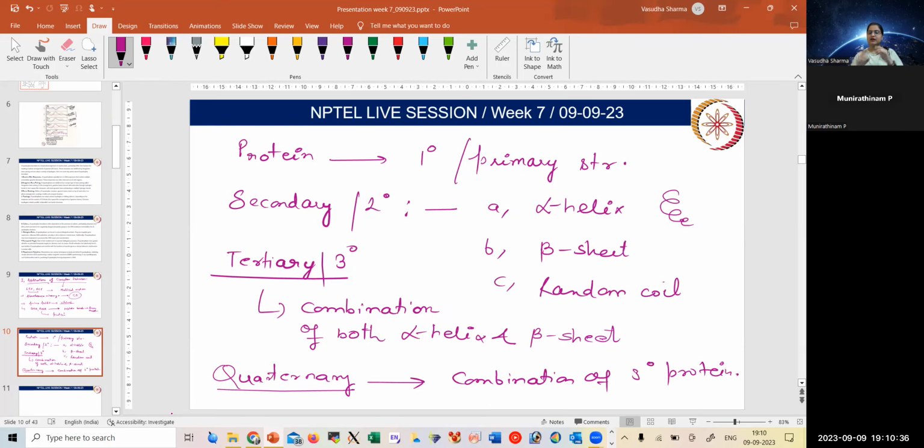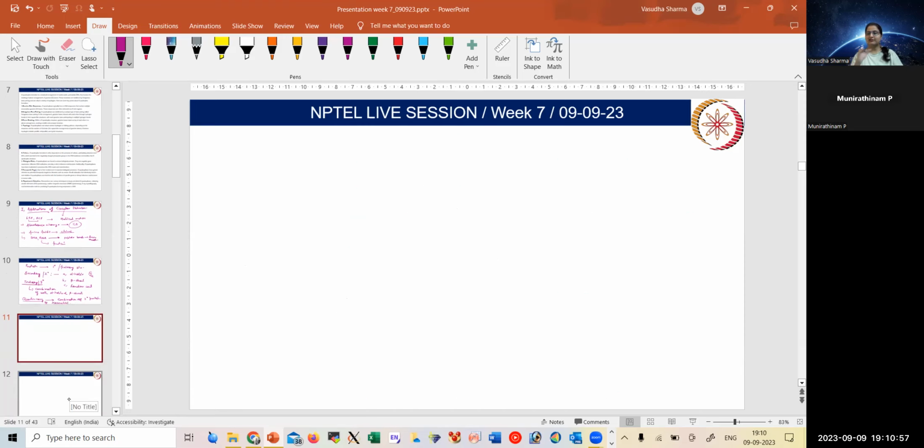That means instead of one tertiary protein, there would be like 4 globules: one tertiary protein, second, third, fourth tertiary protein, as we saw in the case of hemoglobin. Up to this we discussed last time.